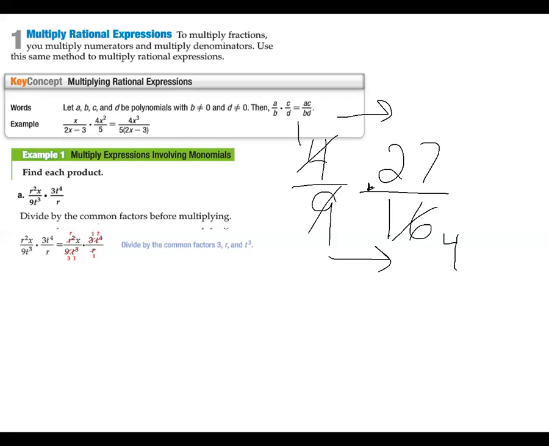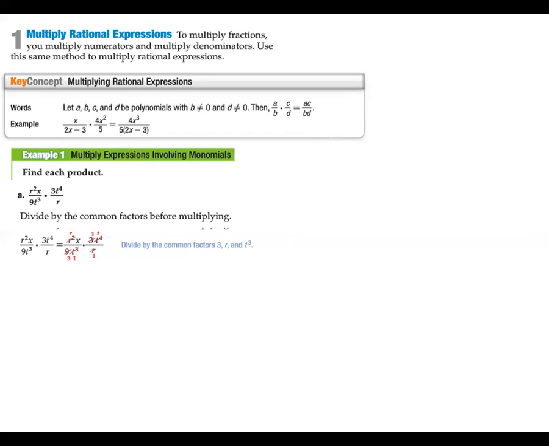And the 9 and 27, you could reduce that and get a 3 over 1. And then you just multiply 1 times 3 is 3, 1 times 4 is 4. So reducing first, or cross canceling first, canceling out those common factors, simplifies the problem before you multiply. Now, you could do it after you multiply, but then you'd have to go back and simplify again. And sometimes it's more difficult to simplify after you multiply.